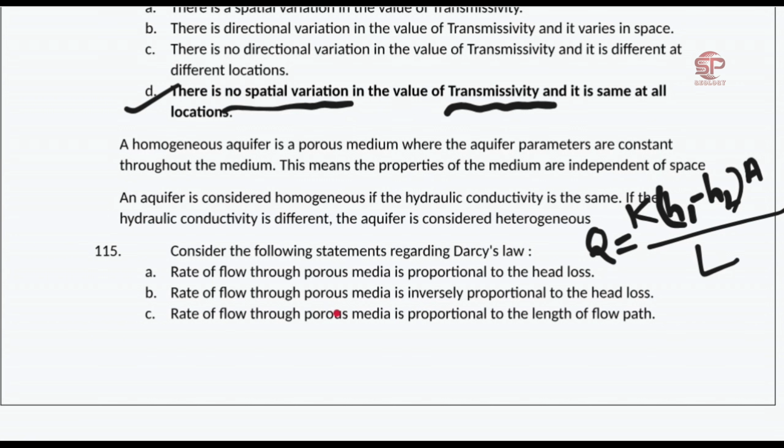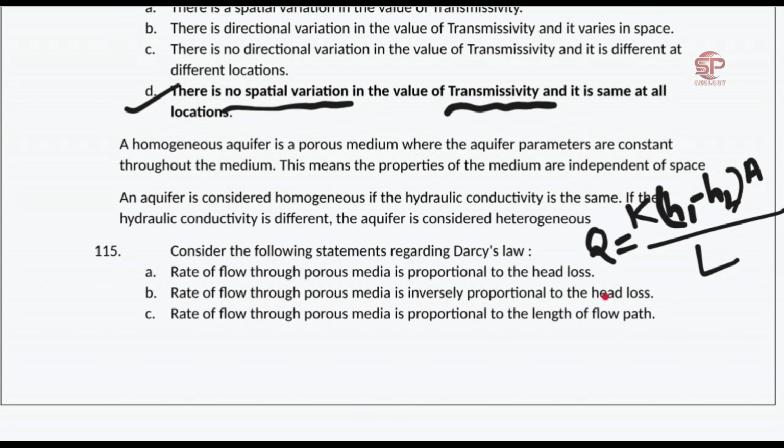Then rate of flow through porous medium is inversely proportional to head loss. Then rate of flow through porous medium is proportional to the length of the flow path. First, the rate of flow through porous medium being proportional to the head loss is correct because it is directly proportional to head loss, which is H1 minus H2.